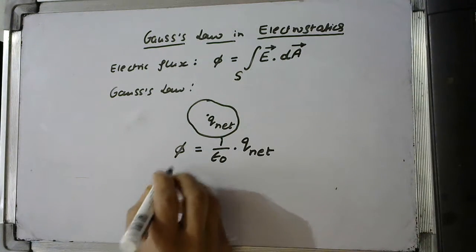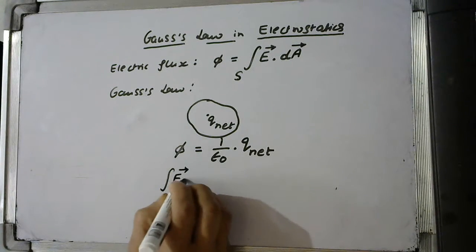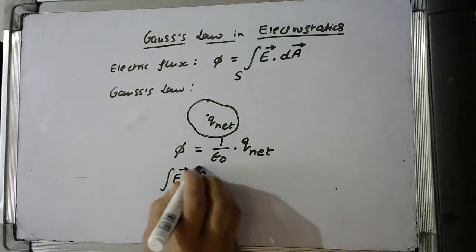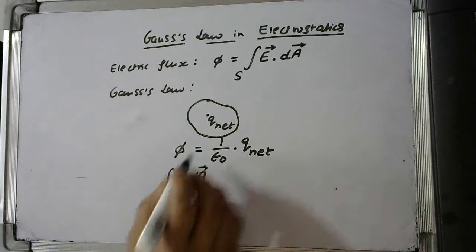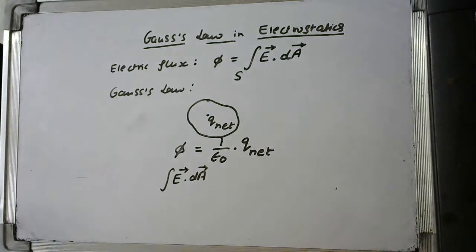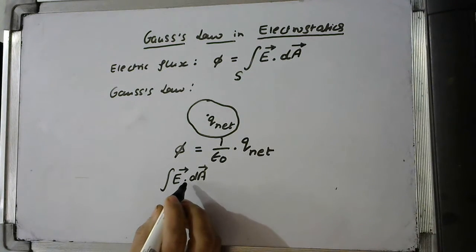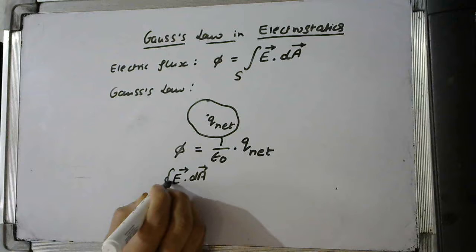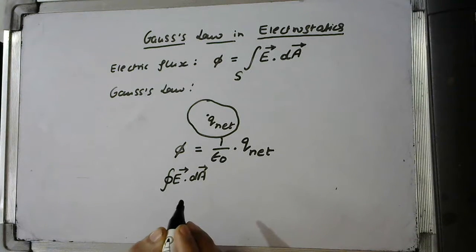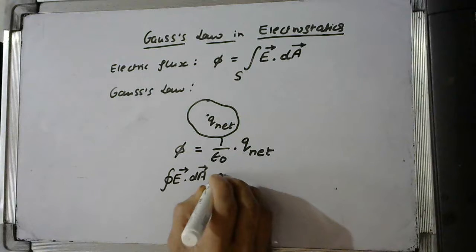So the left side in the statement of Gauss's law represents the surface integral of electric field for the given surface upon which we are applying Gauss's law. Now this has to be a closed surface, so we can put a circle on the integral to indicate that this integral has to be evaluated for the given closed surface.